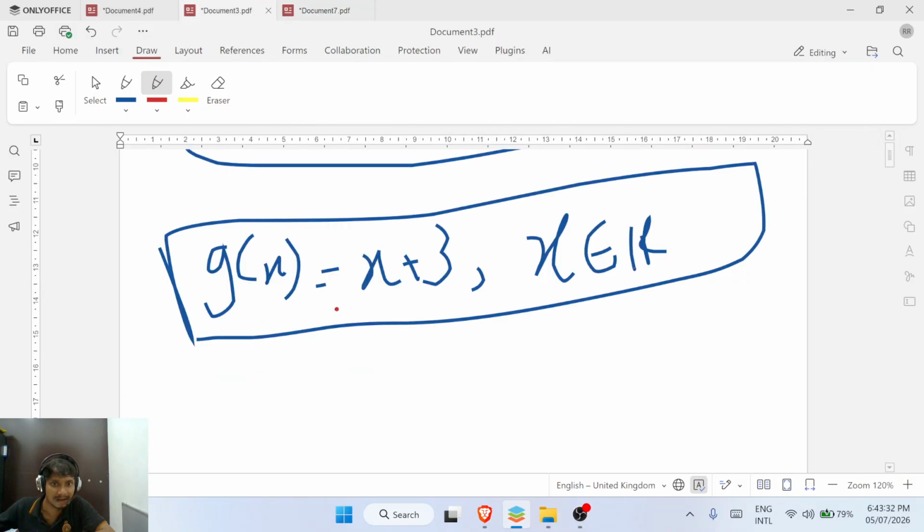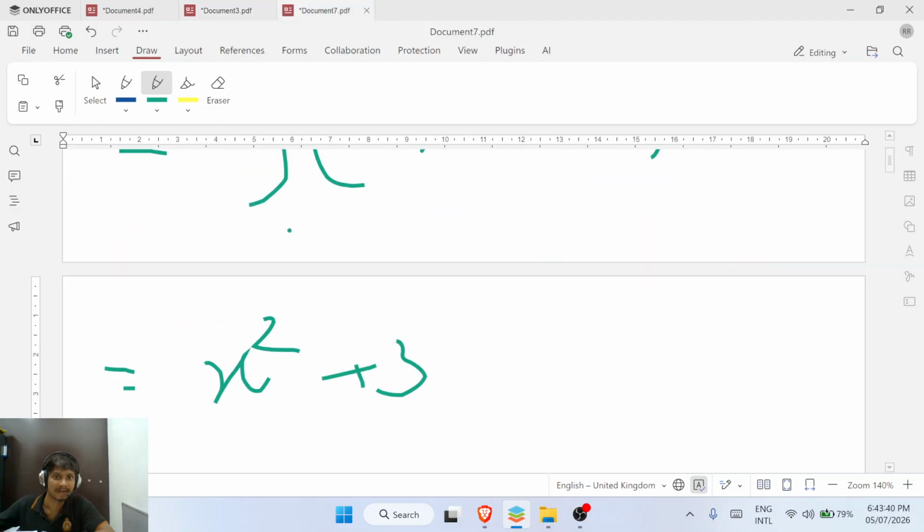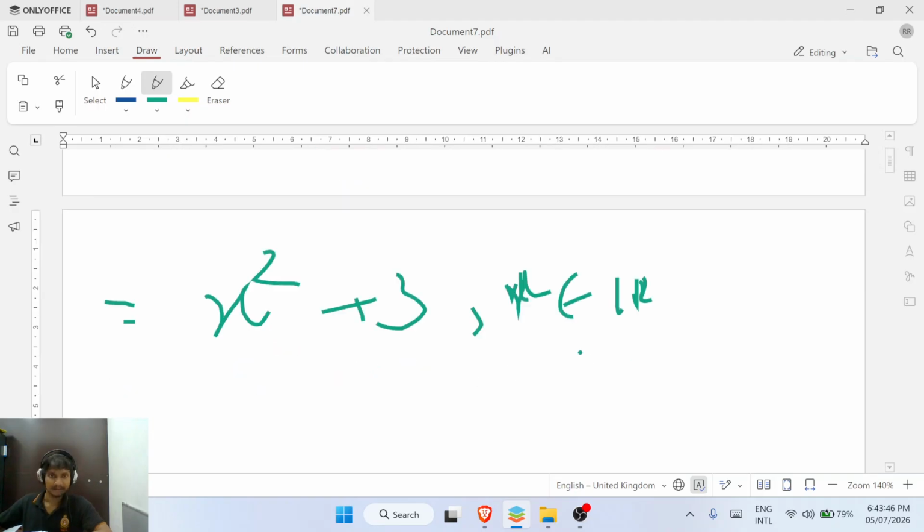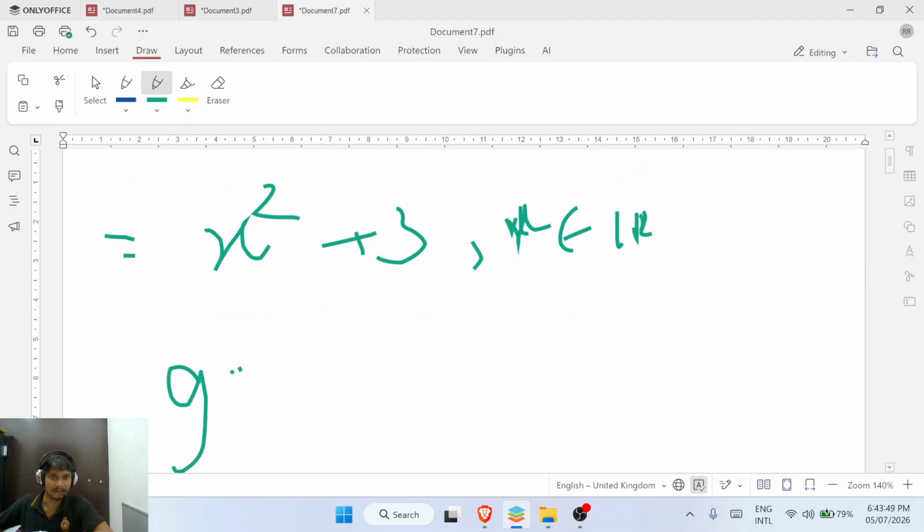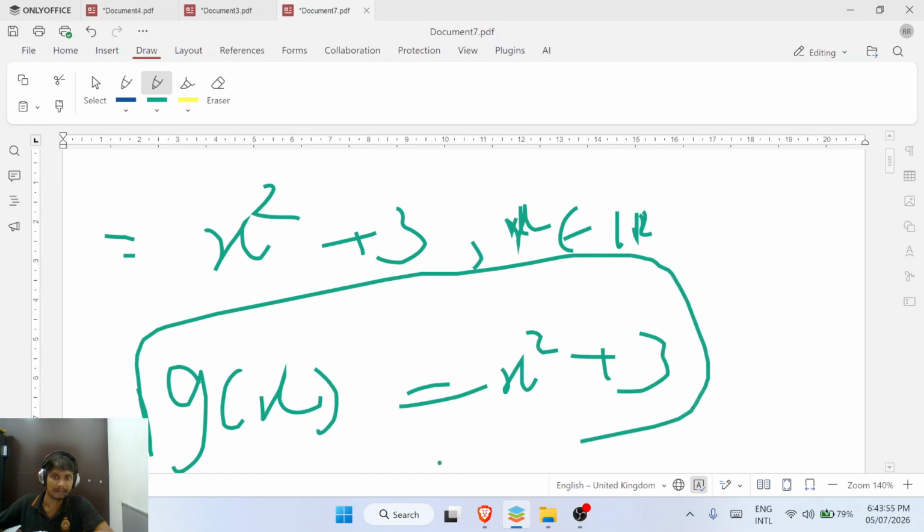We just substitute x square instead of x. Therefore, g of x square is x square plus 3, while x belongs to the real number set. Therefore, g of f of x is equal to x square plus 3.